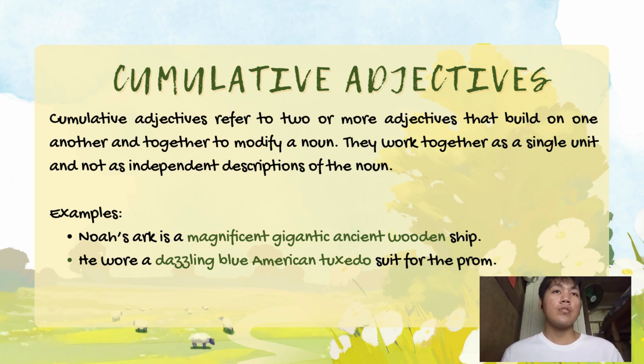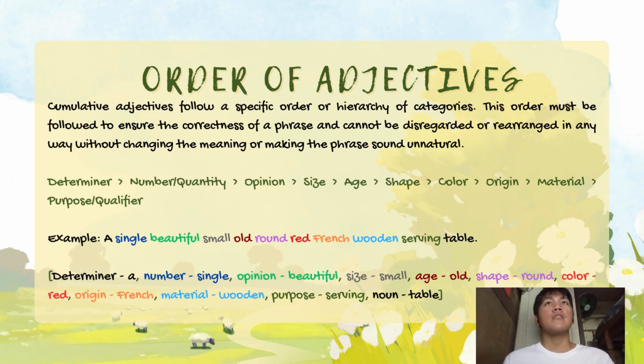So what do we do? Do we just put them there at our own discretion, or do we follow some sort of rules or some order? So next is the order of adjectives. So in cumulative adjectives, we follow a specific order, hierarchy, or pattern of categories. So we must ensure that we follow this order of adjectives to ensure the correctness of a phrase, and we cannot disregard or rearrange the adjectives in the phrase in any way without changing the meaning or making the phrase sound unnatural.